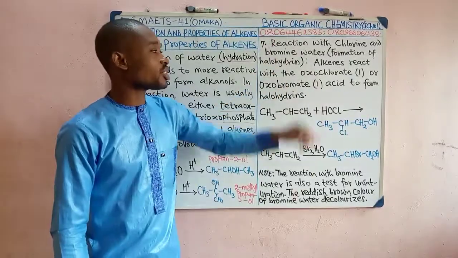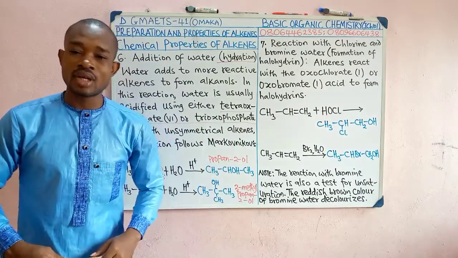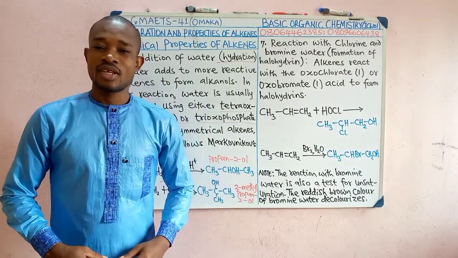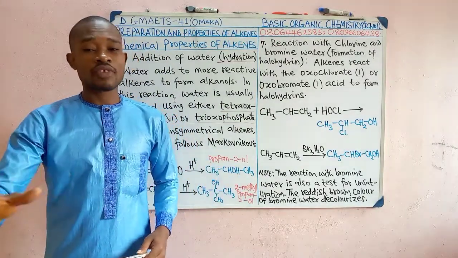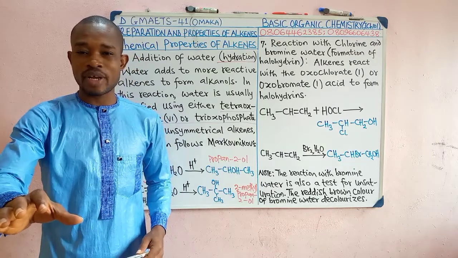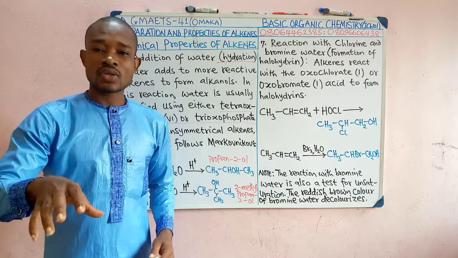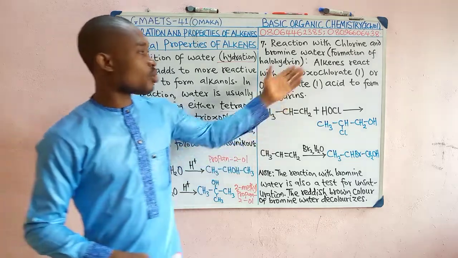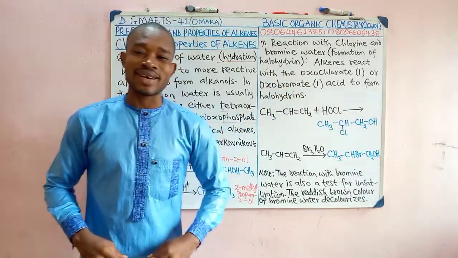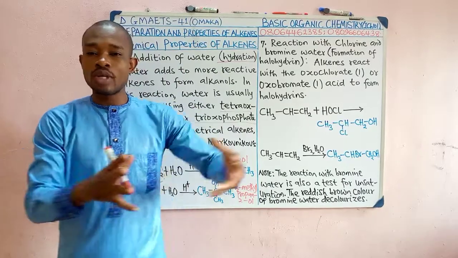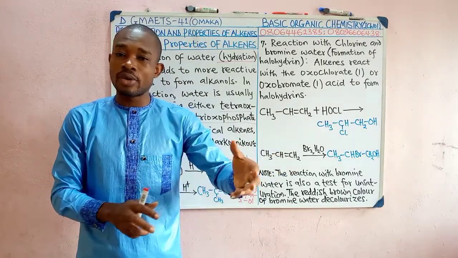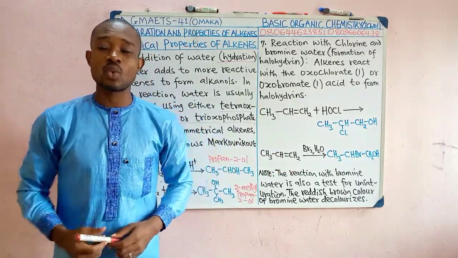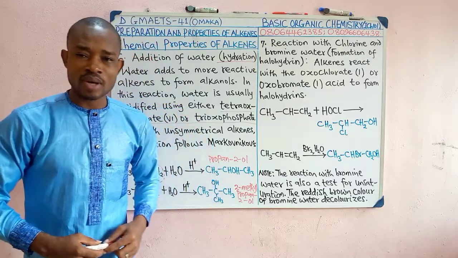The next chemical reaction here is a reaction with chlorine or bromine water. Is that okay? The compounds formed are referred to as halohydrins. As I explained earlier, they are alkanols that contain halogens. Now, what is this chlorine and bromine water? Chlorine water or bromine water is formed when chlorine or bromine reacts with water. And of course, these compounds are acids.